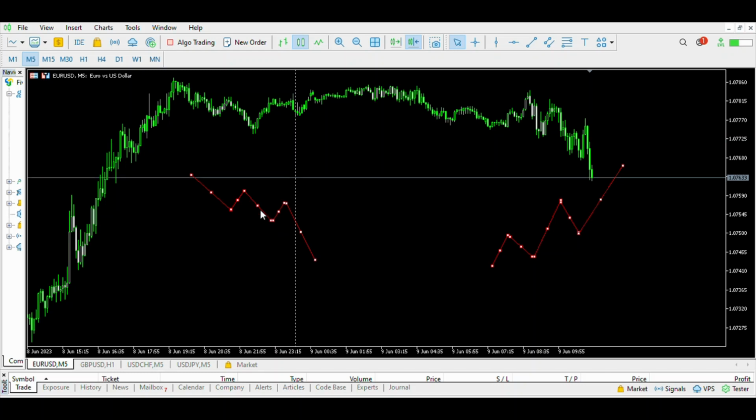So high, a lower high, a lower low. Then it pulls up here, doesn't beat this last high, so this becomes a lower high again, and it pushes down further, breaking this last low and creating a lower low.